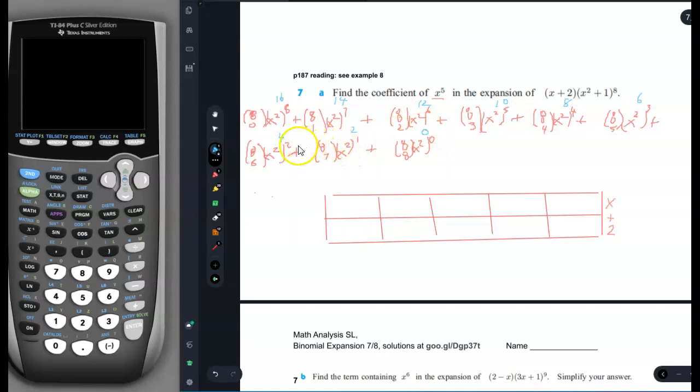Okay, so this one has a chance of working. This one has a chance of working. X to the 6th is already too big, right? Because if I multiply x times x to the 6th times either of these, it's not x to the 5th anymore, right? So the only ones I'm going to write down are like, these two, I guess.